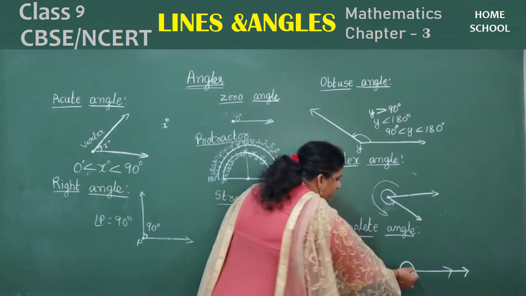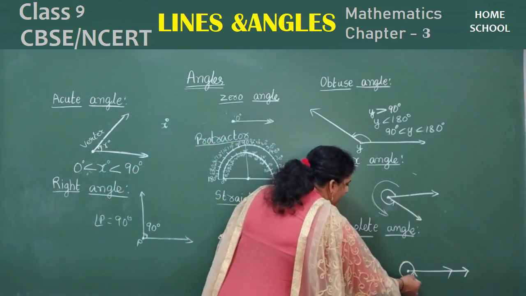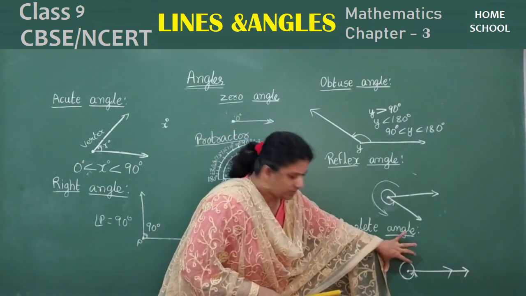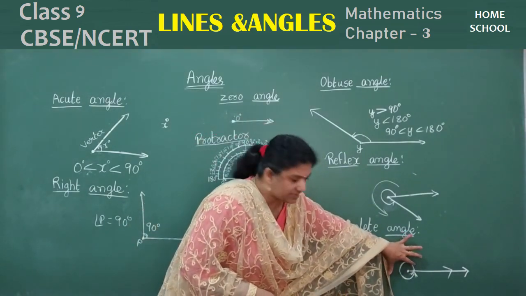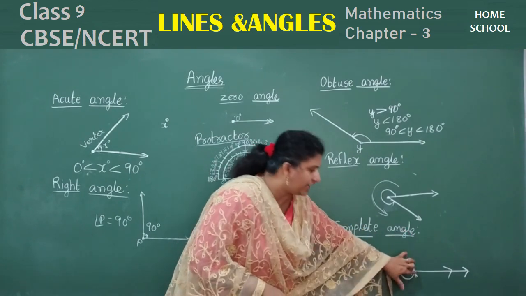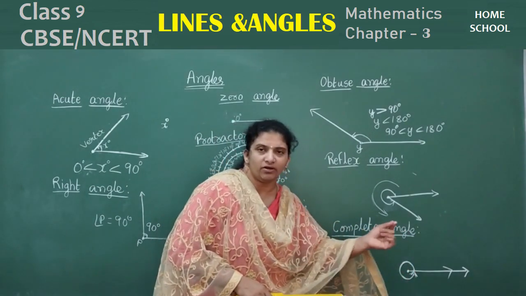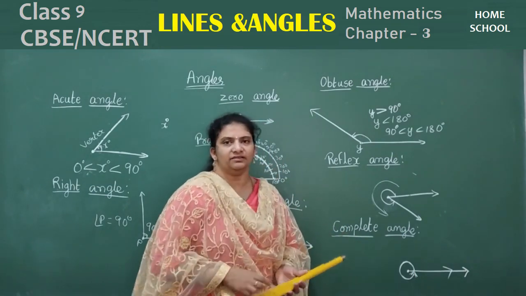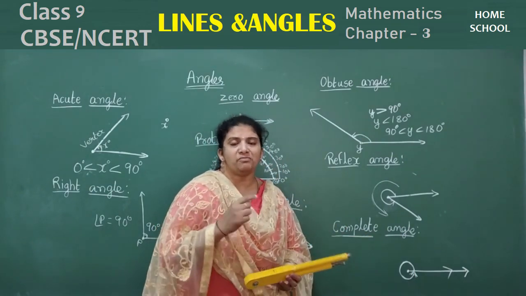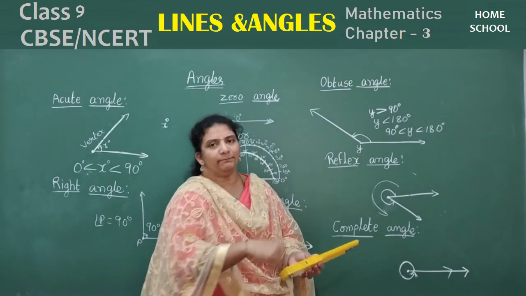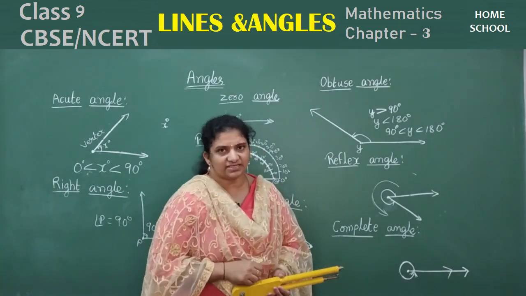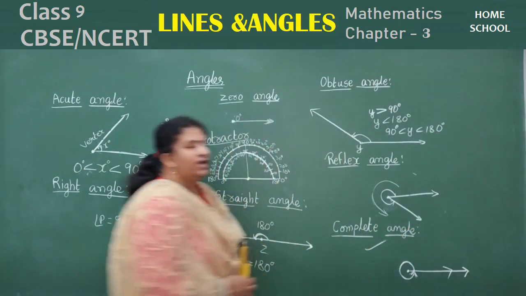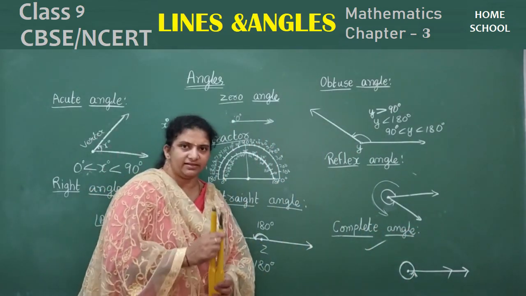If I am showing a direction, the ray or the arm starts its angle from here, then overlaps on the same line, and creates a complete angle. This arm rotated one full revolution, right? So these types of angles are called complete angles.